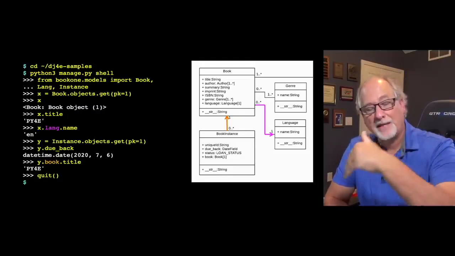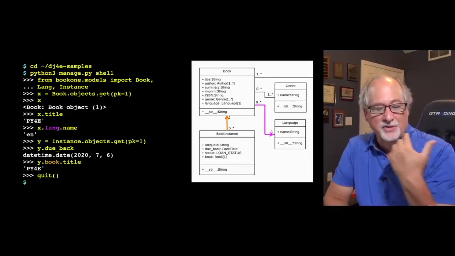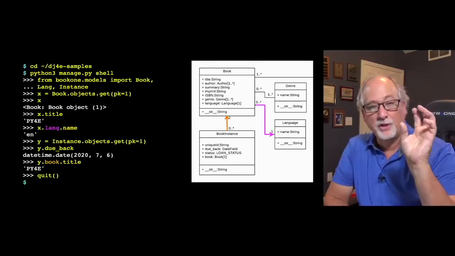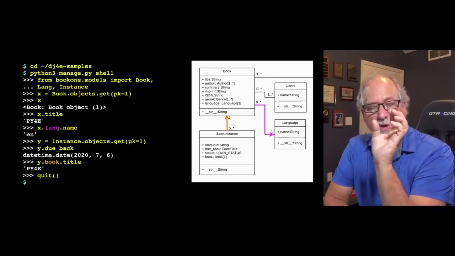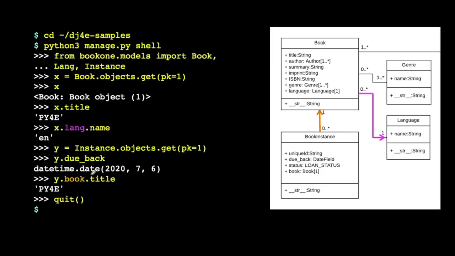So we walk down the little arrow and grab one of the elements out of that. So it's like walking from a book to the corresponding language row, and then pulling the name out of that corresponding language row. I think that's a really pretty syntax, and it starts to make sense after a while. You walk through the little arrows, and this is why the picture of the data model is so absolutely important.